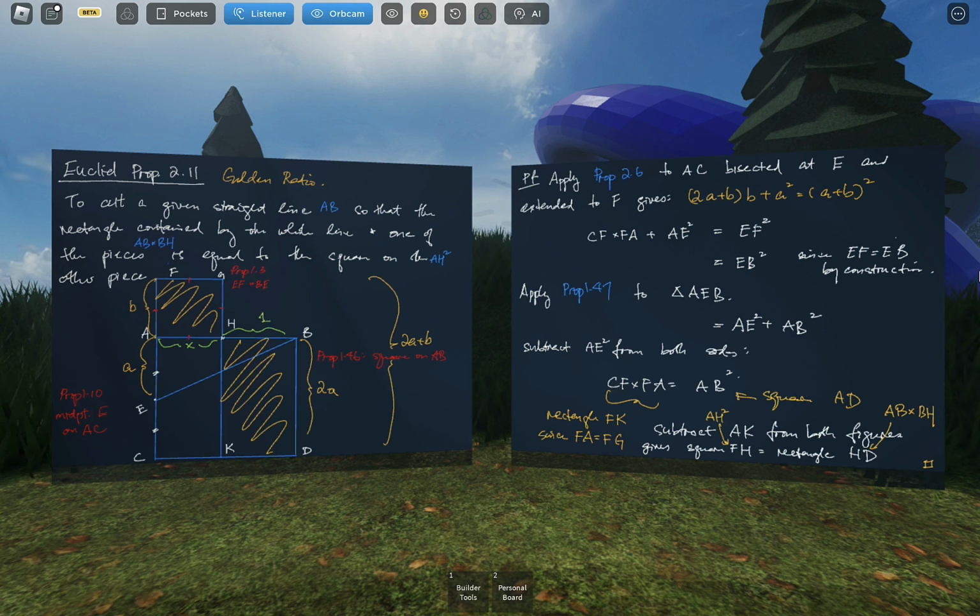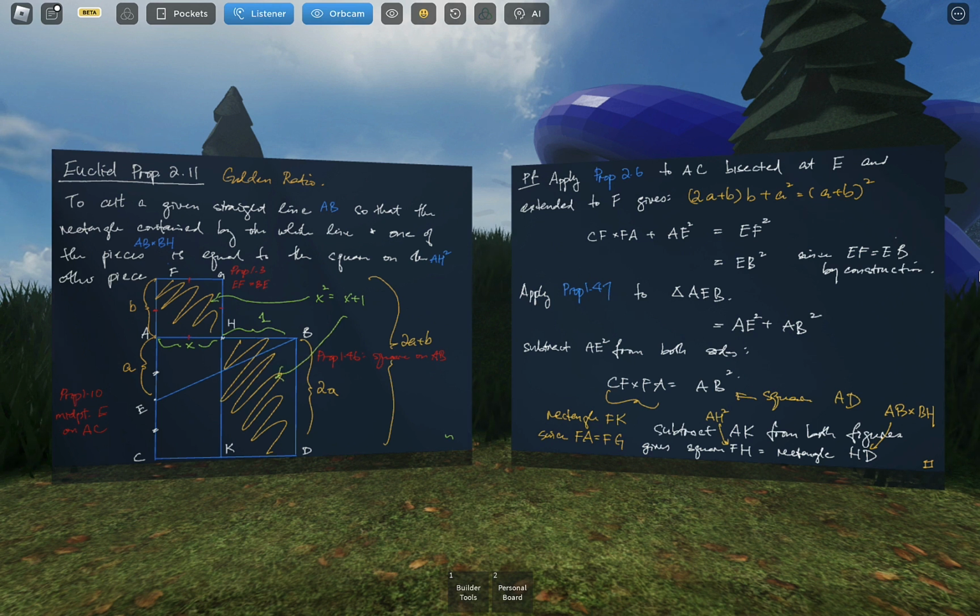And so if we write down what the algebraic equation is here, you see what's going on. This says that x squared is equal to x plus 1 times 1, right? x squared is the area of the square FH, and x plus 1 times 1 is the area of this rectangle here.